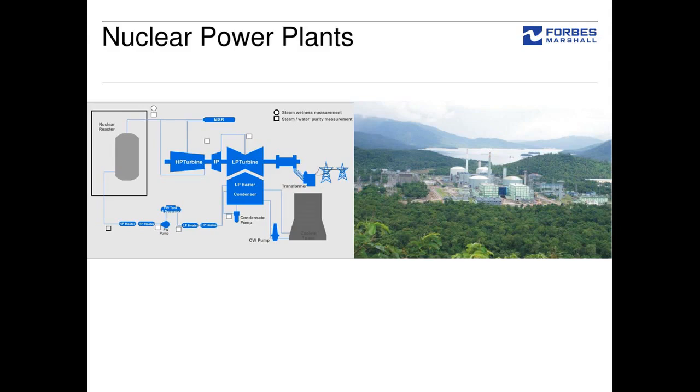So there are two circuits. The primary circuit is heavy water or light water which is directly in contact with nuclear fuel and is heated at very high pressure, and then this hot fluid is used to heat DM quality water from the feed pumps, which becomes a Rankine cycle. So even in a nuclear power plant, the same Rankine cycle is implemented.